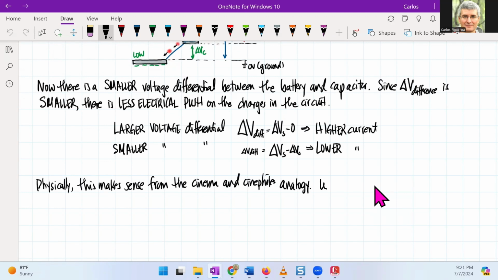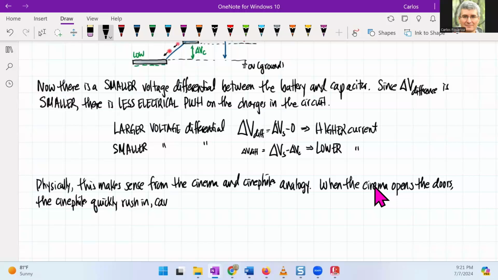So when the cinema opens the doors, the cinephiles quickly rush in, causing a high current.